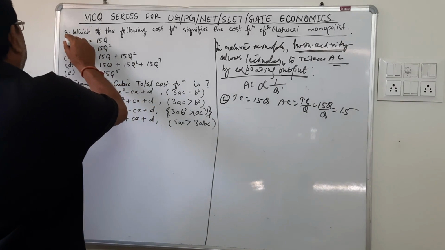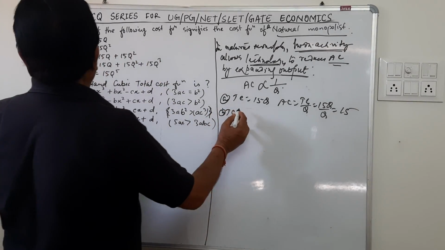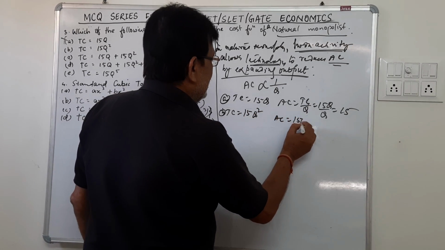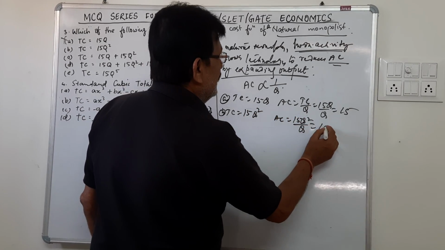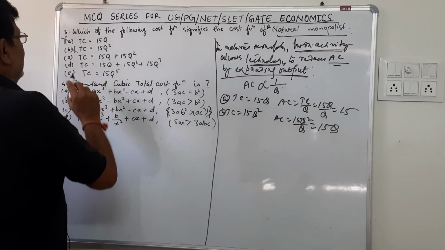No, this is not the answer. Now B, TC is 15Q square. So AC is 15Q square by Q, 15Q, directly proportional. So this is not the answer.